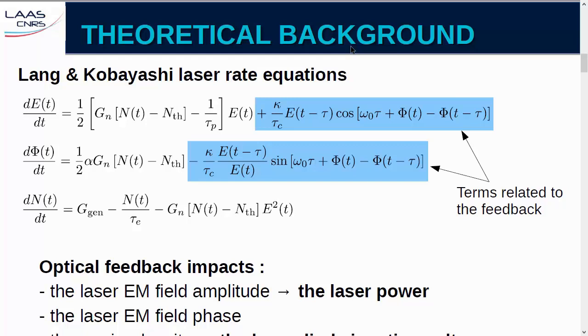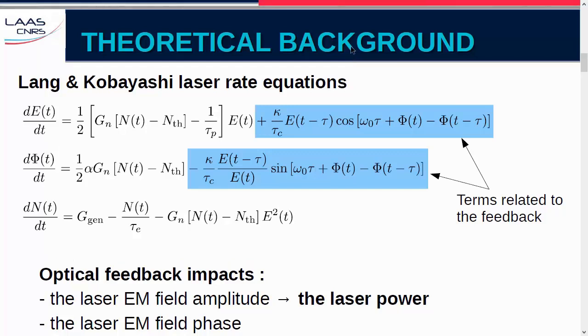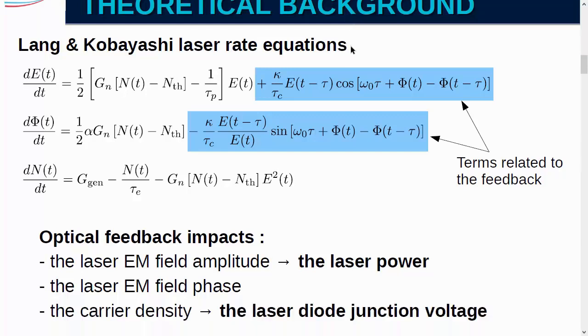I'm really sorry that it does not present everything. What you need to remember is that the optical feedback impacts the amplitude of the field, so it impacts the laser power that is emitted, and the phase of the light emitted by the laser, but eventually it also affects the carrier density. So there are ways to get the information directly from the junction voltage of the laser when it's a laser diode.